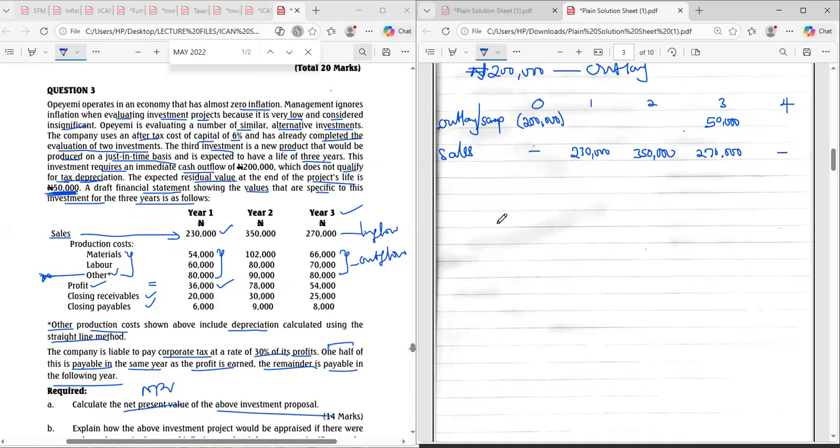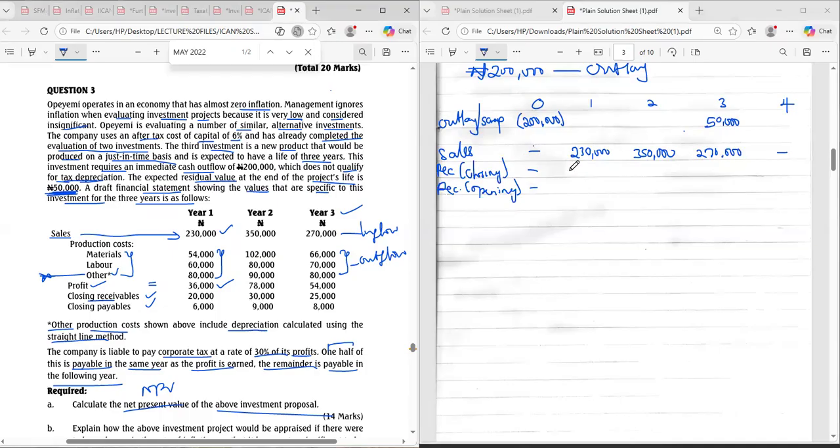So what we are going to say is receivable, closing, and receivable, opening. If you like, put opening first and put closing next. It's none of anybody's business. So these are our closing receivables: 20, 30, 25.